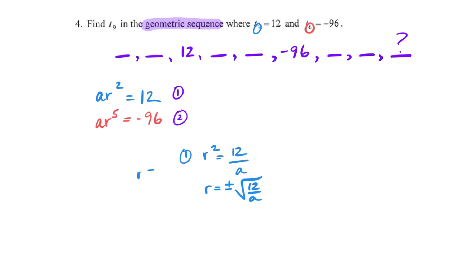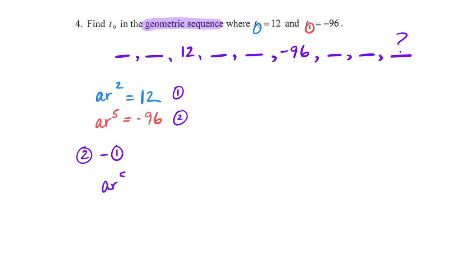However, if we were going to use elimination, up until this point, the only operations you've been able to do between your equations have been add or subtract. And you will notice that if I was to, let's say, take equation 2 and subtract equation 1, I have unlike terms.